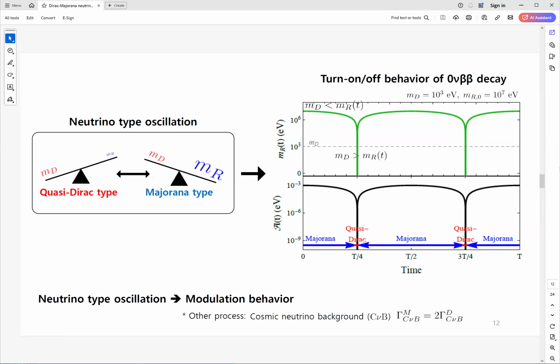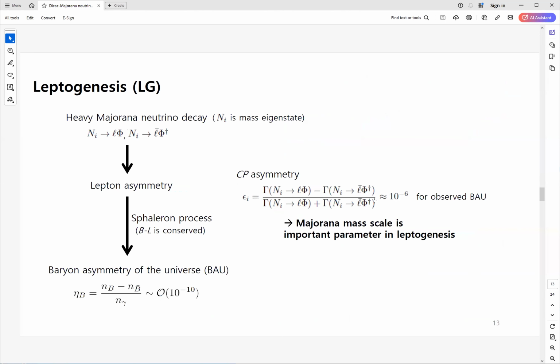And we can check that the pseudo-Dirac time is extremely short in the total period. We consider the following parameter choice, M_D and M_R0. Also, neutrino type oscillation can provide modulation behaviors through other processes, like the cosmic neutrino background, which has a different rate for the Majorana type and the Dirac type.